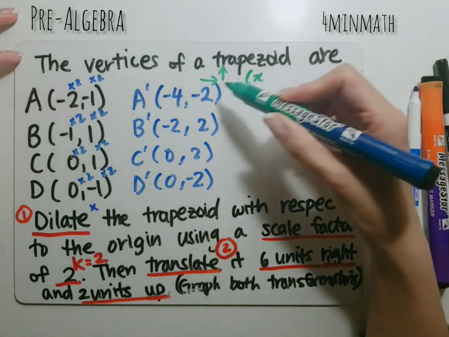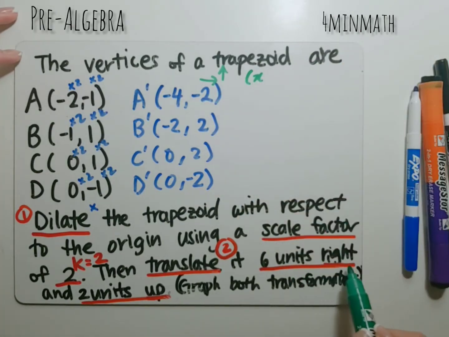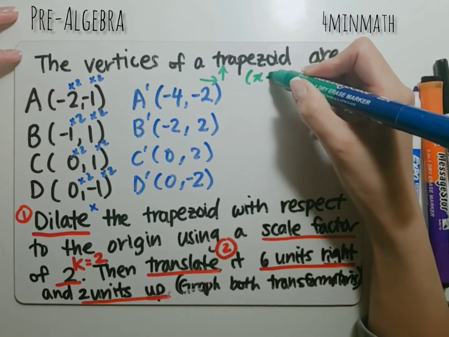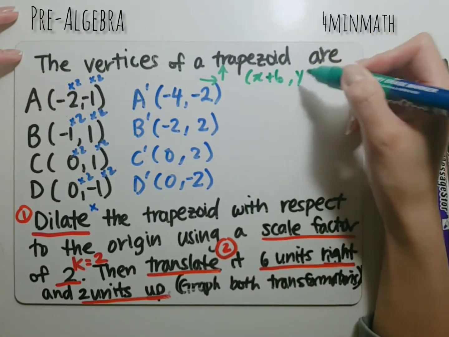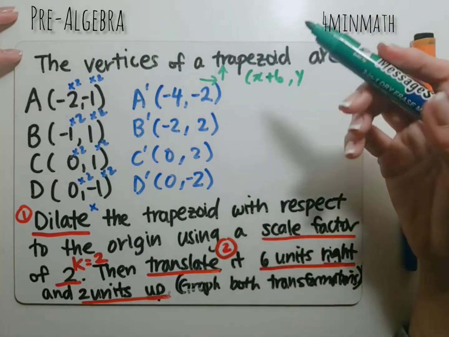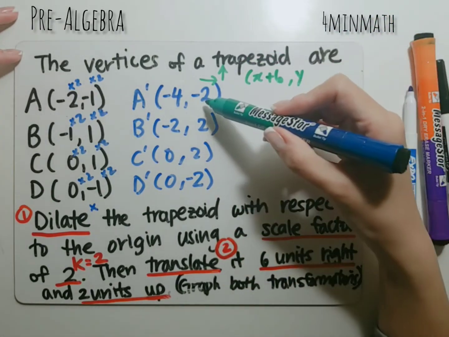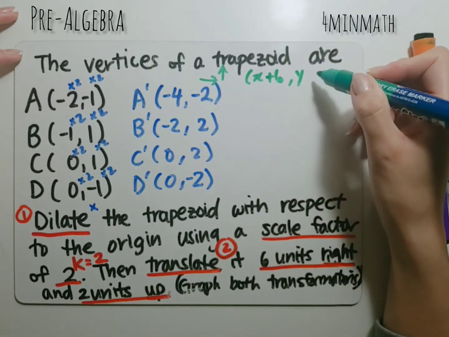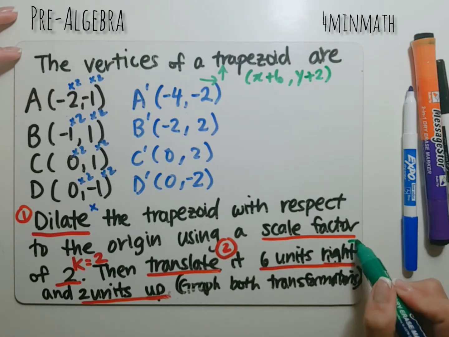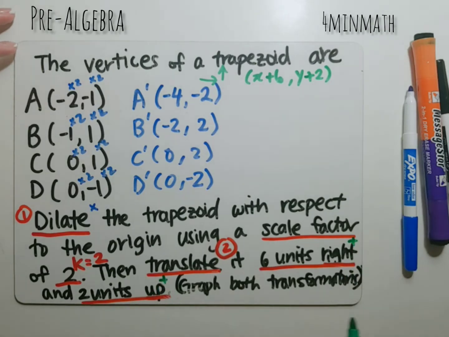My x values will, because moving right and left is going from your x-axis, so it'll be +6. And then moving up and down on your coordinate plane will be your y-axis. So your y value gets affected. So y +2. And if you're going to the right, that means it's the positive side. If you're going up, it's also positive. And the opposites will be the negative.